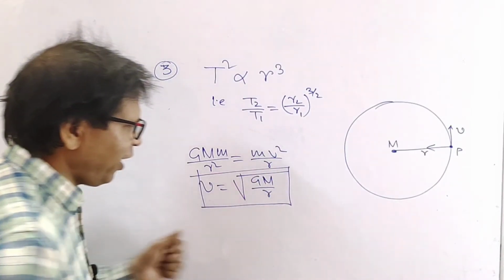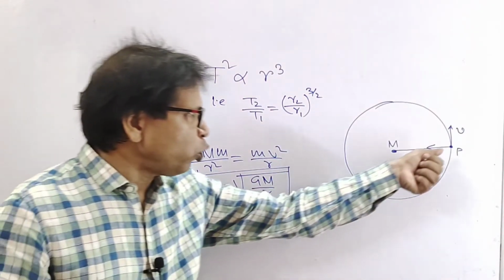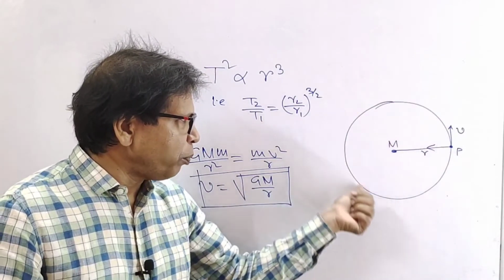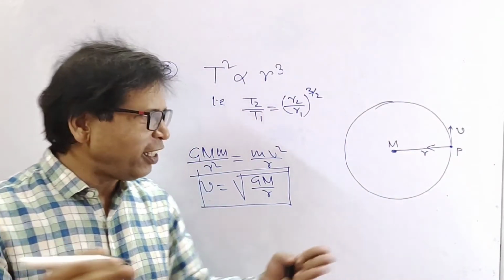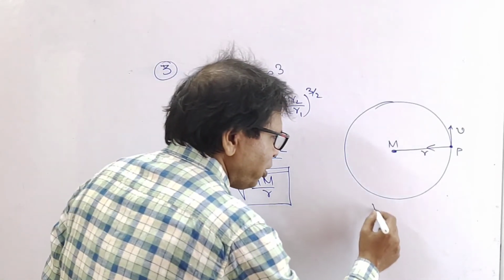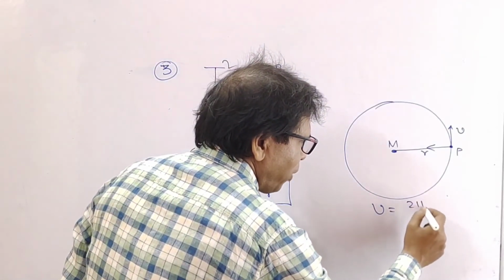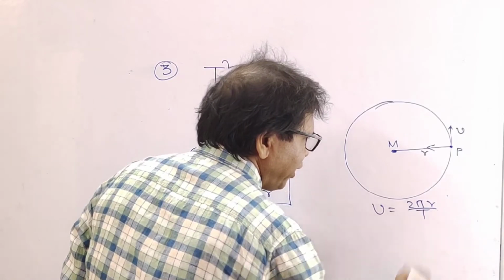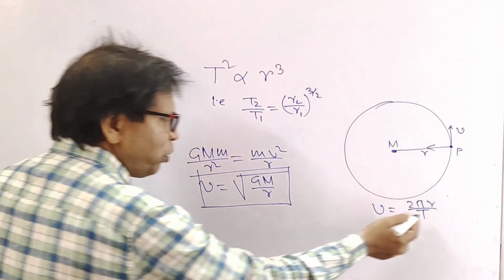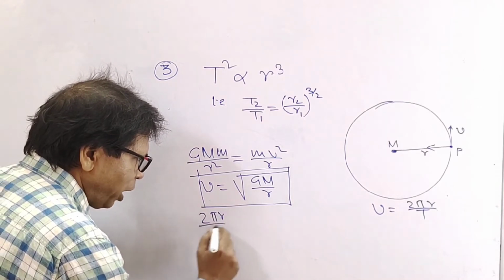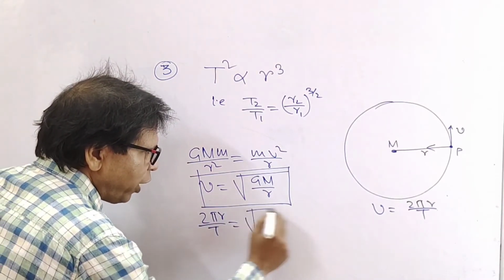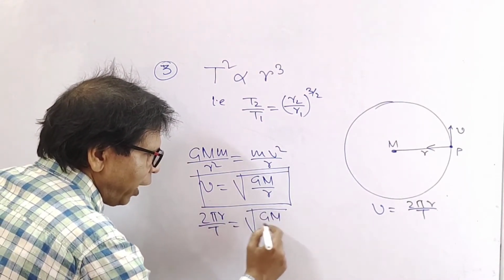Okay, understood? Now the total path of the orbit is 2 pi r. Period of revolution capital T. So look at this. Velocity v equals total path divided by time taken. Now if we put this value here, this is 2 pi r divided by T. This equals root under GM by r.